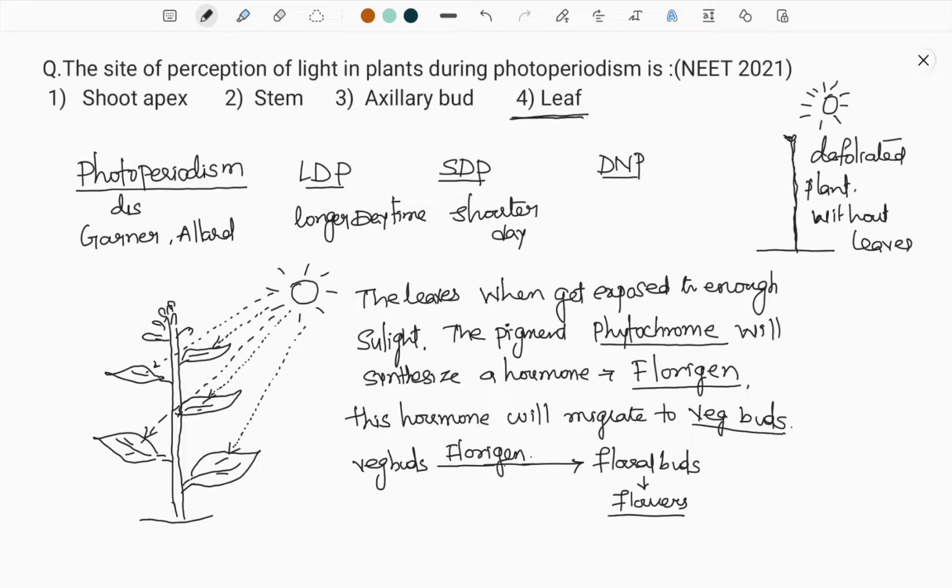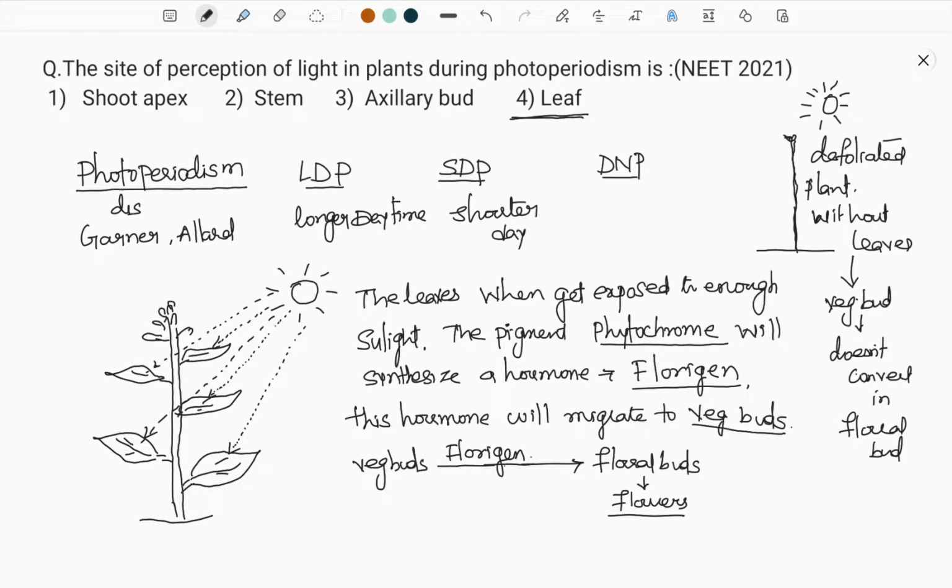As a result, the vegetative buds do not convert into floral buds in this plant, because there is no Florigen. Why is there no Florigen? Because there is no phytochrome. Why is there no phytochrome? Because there are no leaves.